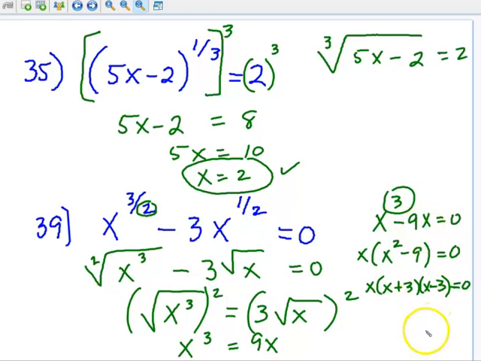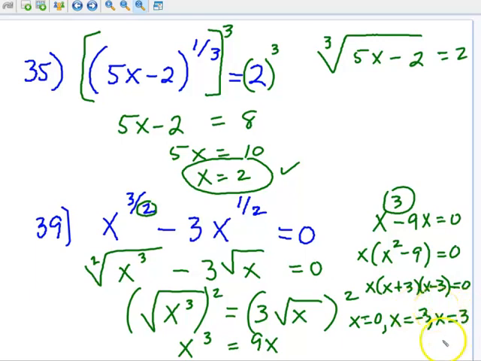That tells me I'm looking for 3 solutions. So each one of these factors needs to be set equal to 0, and that will represent our solution. So x equals 0, x equals -3, and x equals +3.